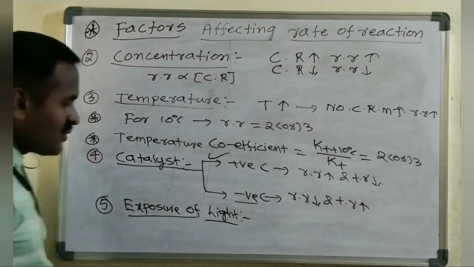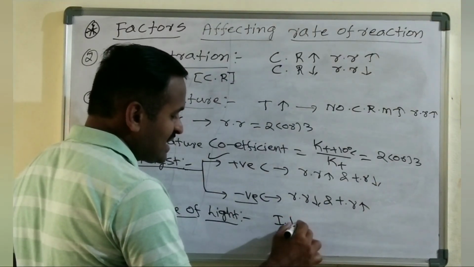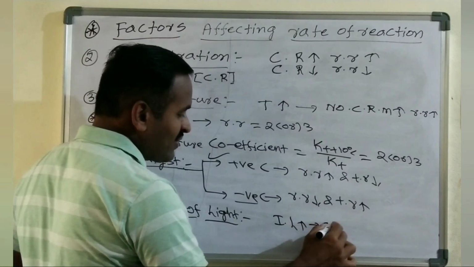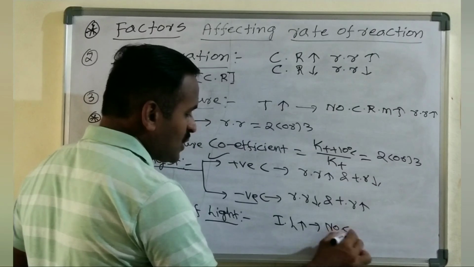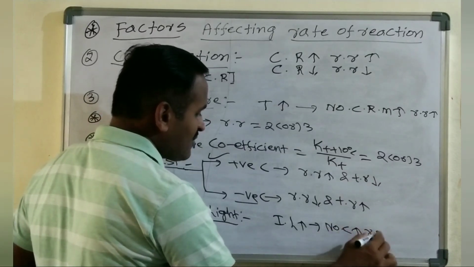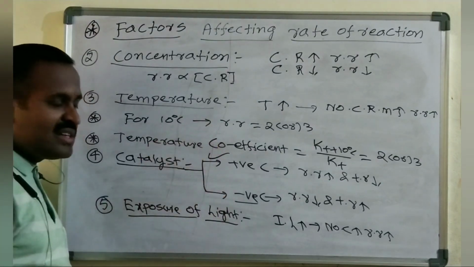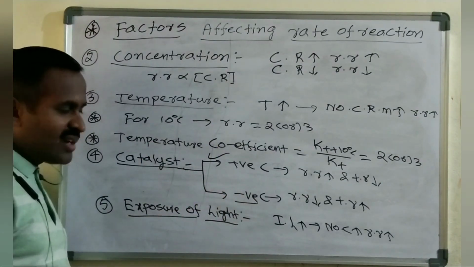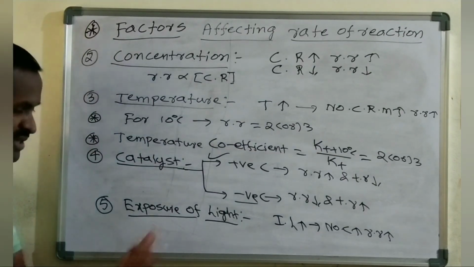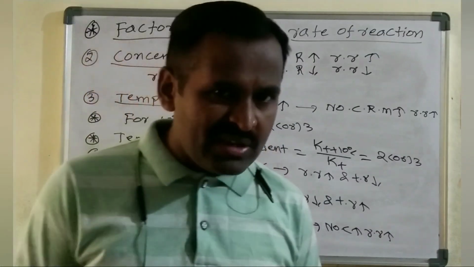In these reactions, if the intensity of light increases, then definitely the number of collisions also increases, and the rate of reaction increases. If the intensity of light decreases, the number of collisions decreases and the rate of reaction also decreases. So this factor affects only photochemical reactions.